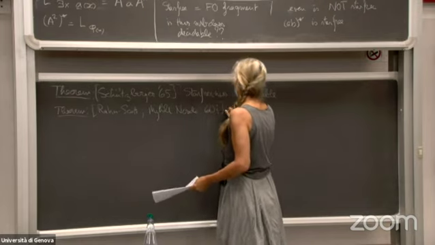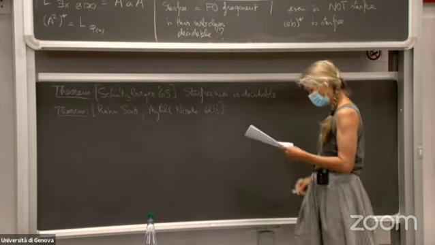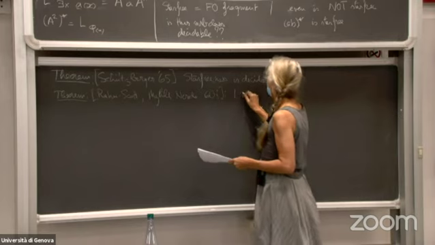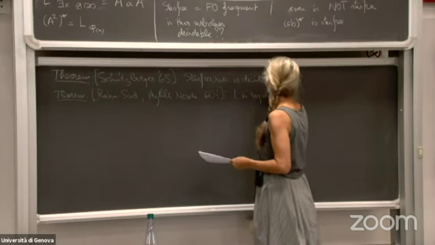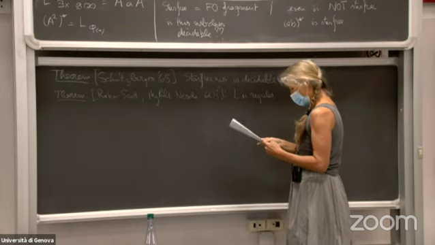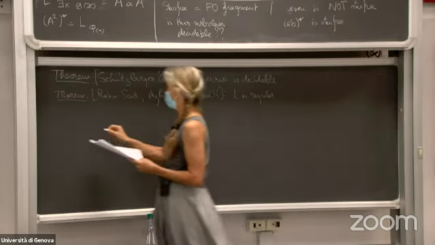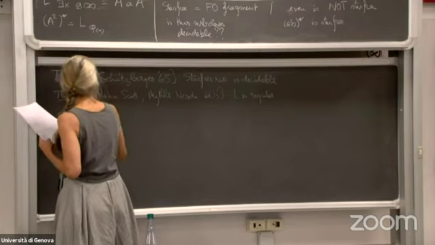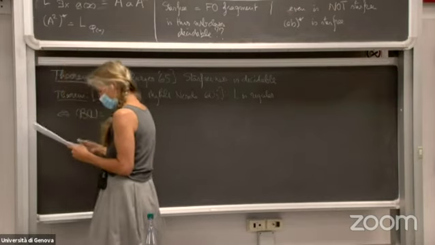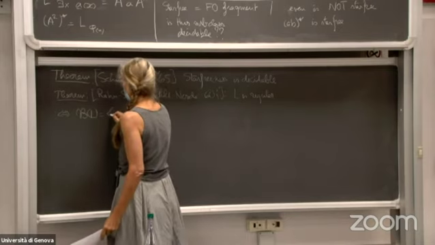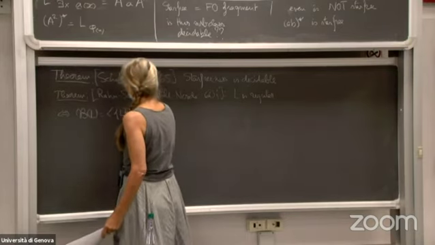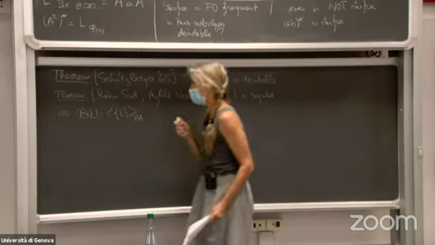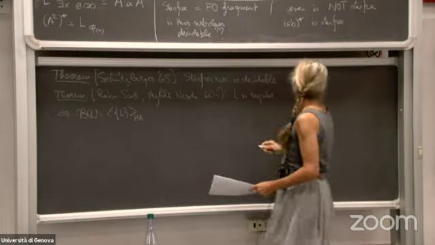So this is in the 60s, that L is regular if and only if what I call BL, which is the sub-Boolean algebra generated, when, maybe I should say that first.